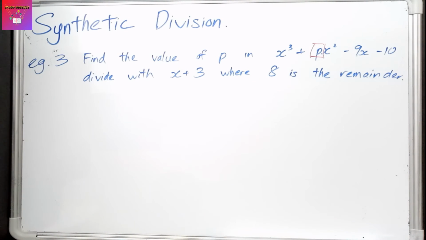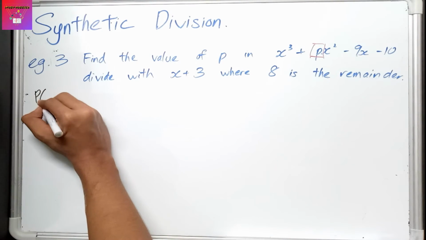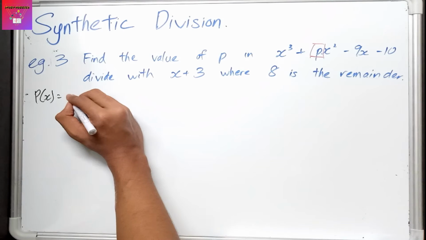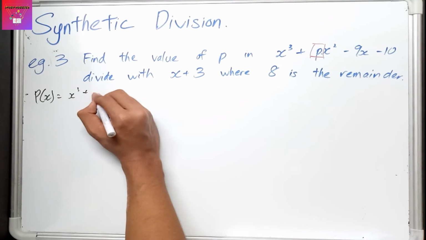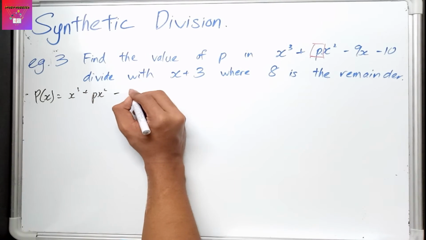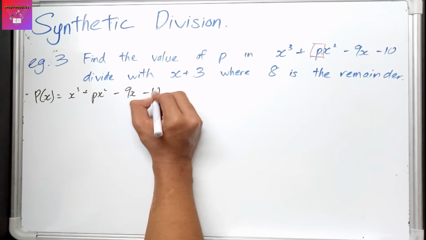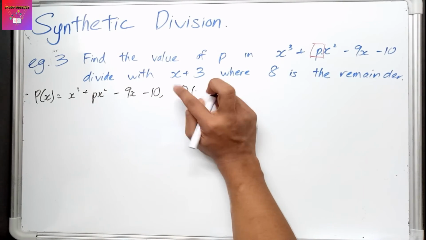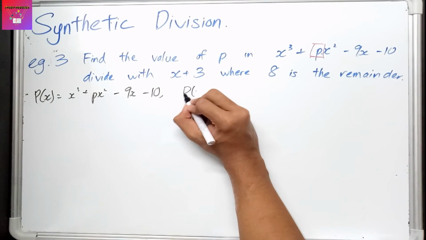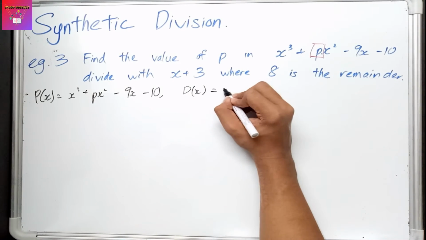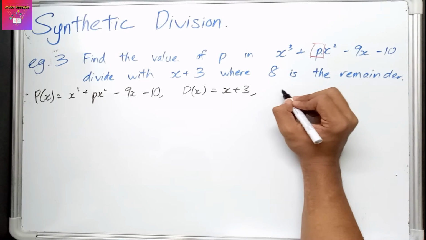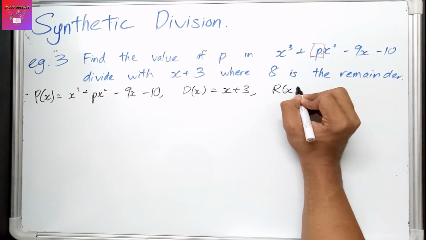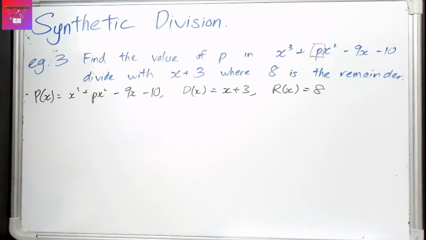From this question we can realize that our dividend p(x) is equal to x cubed plus px squared minus 9x minus 10, our divisor d(x) is equal to x plus 3, and our remainder r(x) is equal to 8.